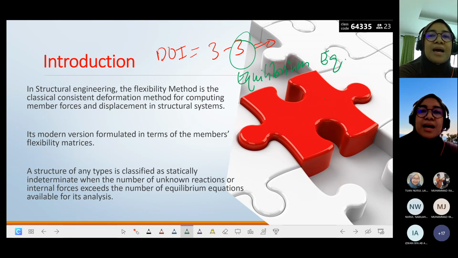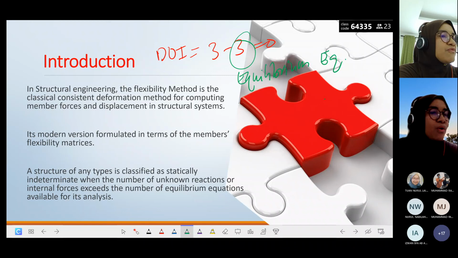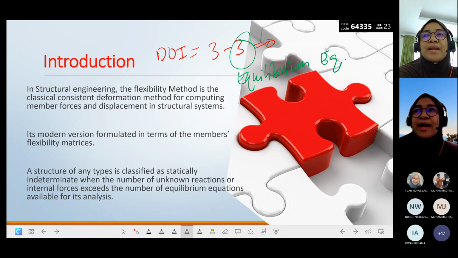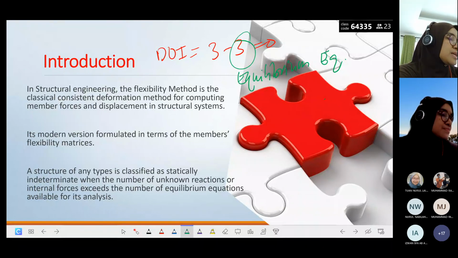It is m plus r minus 2j, the formula to calculate degree of indeterminacy for truss. Okay, so flexibility method is one of the methods, and it takes place whenever reaction cannot be determined, because number of unknown reaction exceeds 3. Okay, exceeds 3.